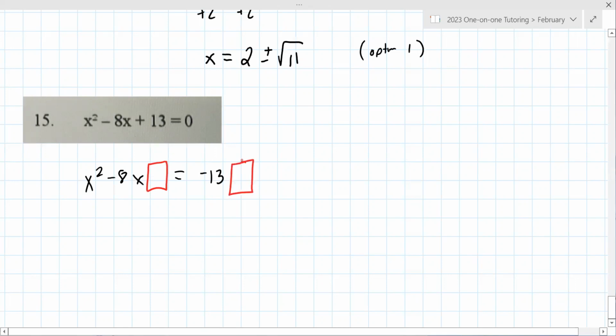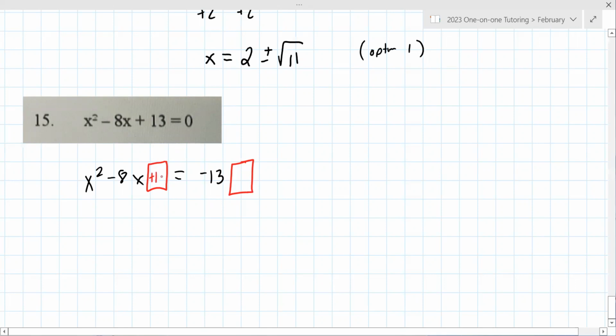Can you tell me what goes in the box? 16.